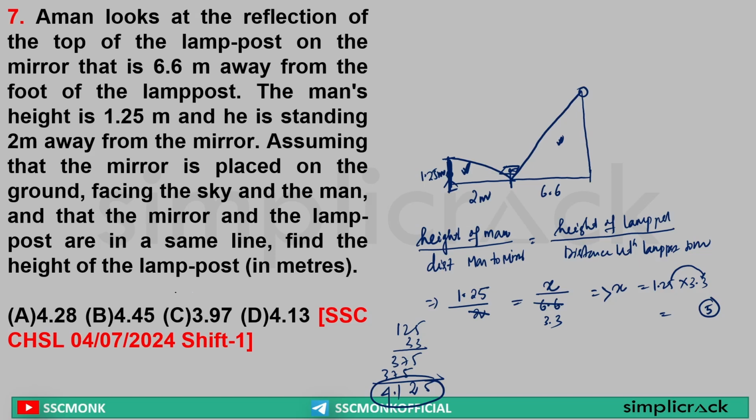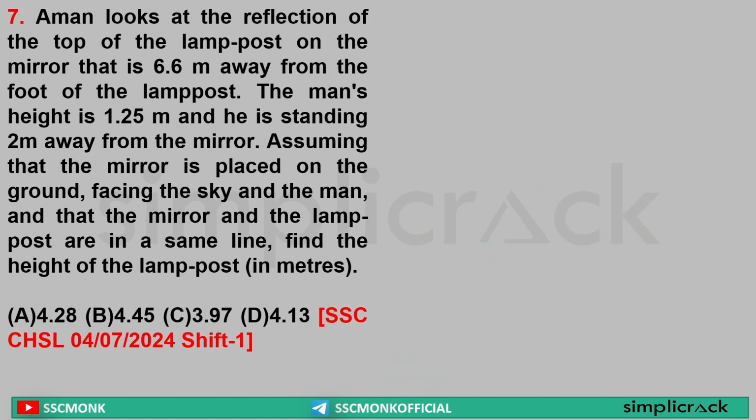Now see, if I would have clicked 4.45 by just looking at 5, I would have made a huge mistake. Sir, 4.125 can be approximated to 4.13. So the answer is equal to 4.13. That is option D. So in certain cases, don't just go by unit digit. Check it. See if there is some issue in the options.